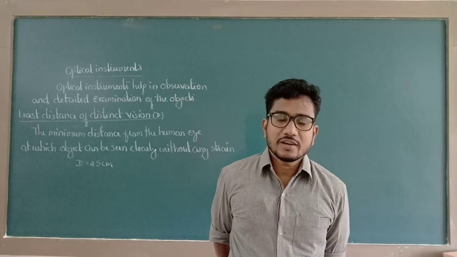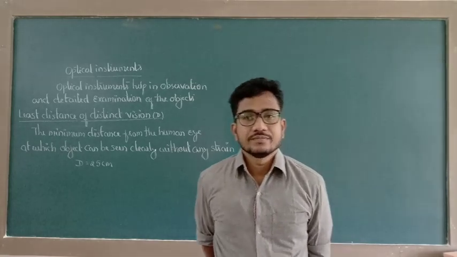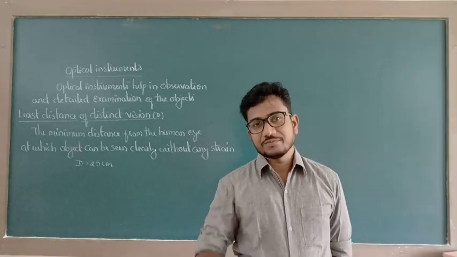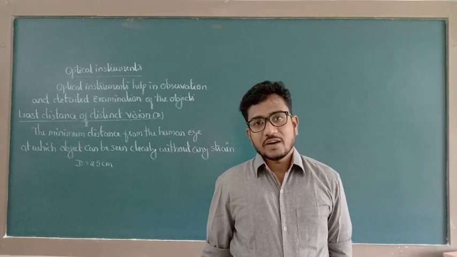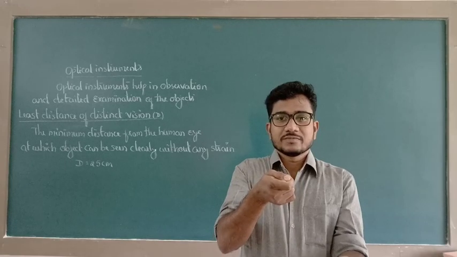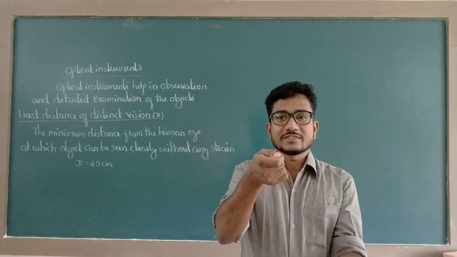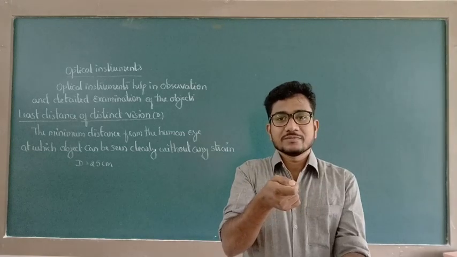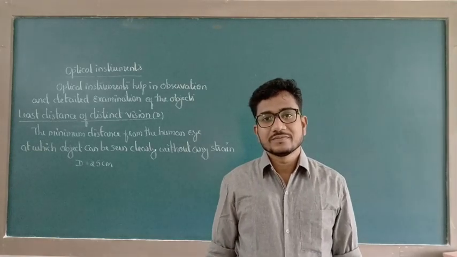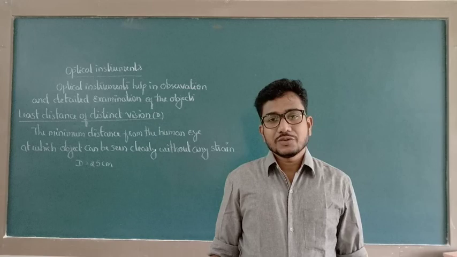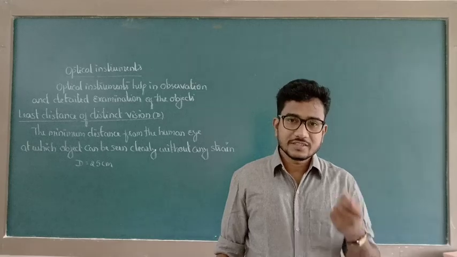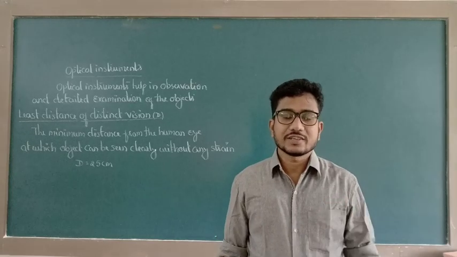I think you have already used it, to view objects or to burn a paper piece by holding a lens, passing the sunrays through that lens and focusing on the paper piece, and finally the paper piece gets burned. So this lens is nothing but a simple microscope, a convex lens.